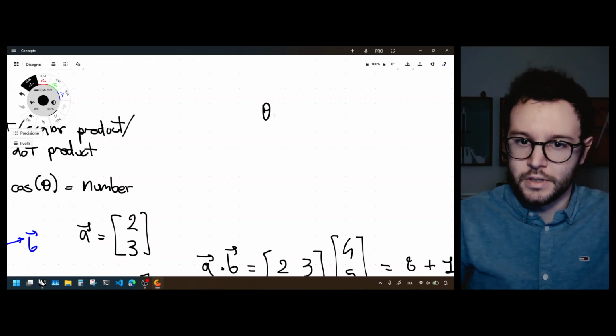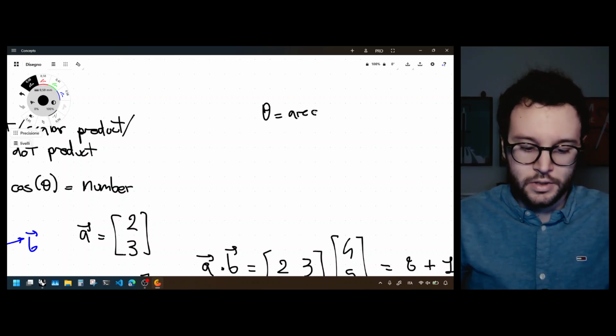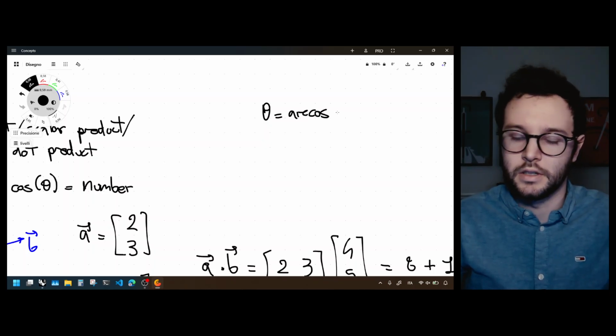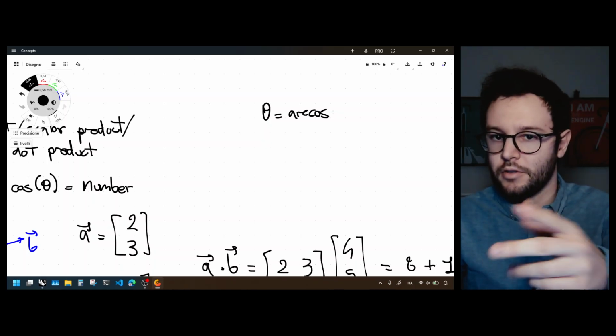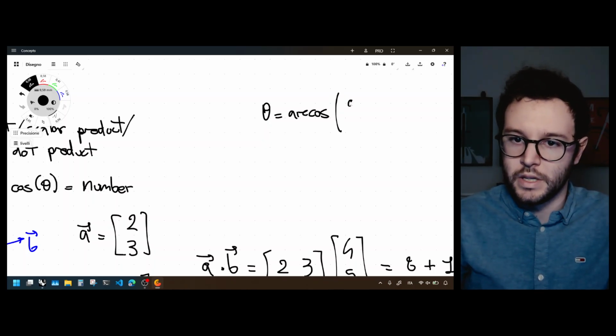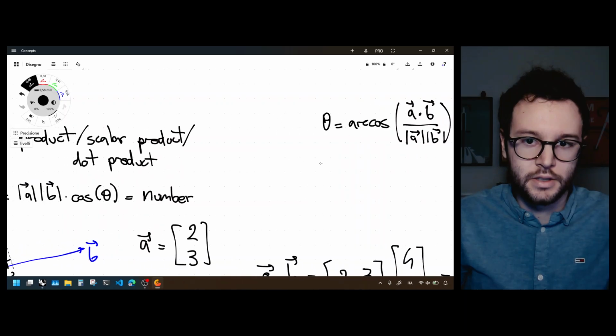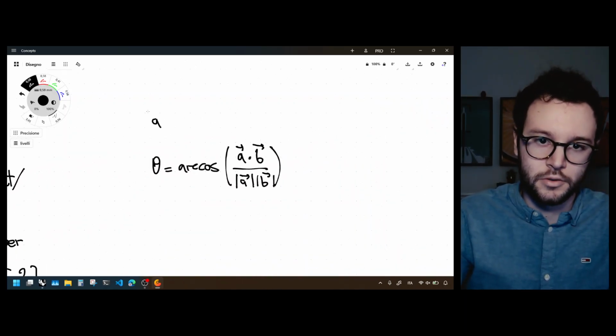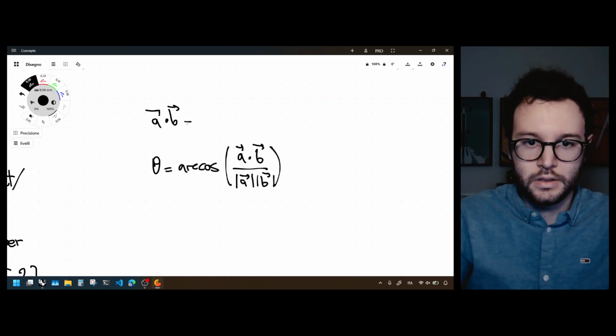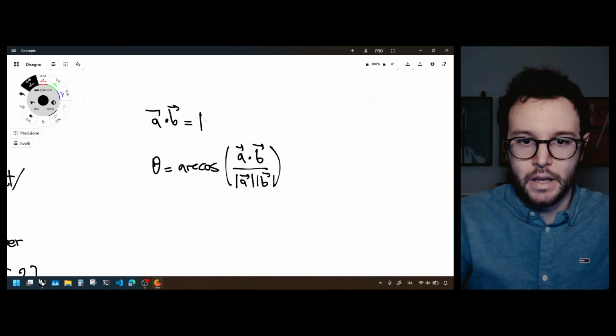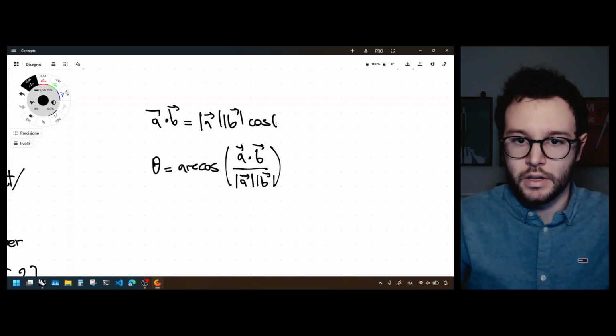So the formula for it is theta is the arc cosine, which is just the angle at which the cosine gives a certain value, and the value would be A dot B, the dot product of A and B, divided by the product of the lengths of A and B. Let me write the dot product formula again: A dot B equals the length of A, the length of B, and the cosine of theta.